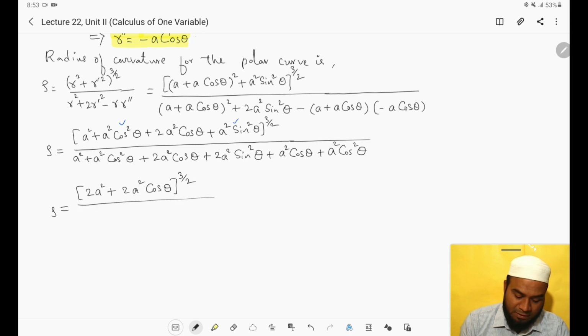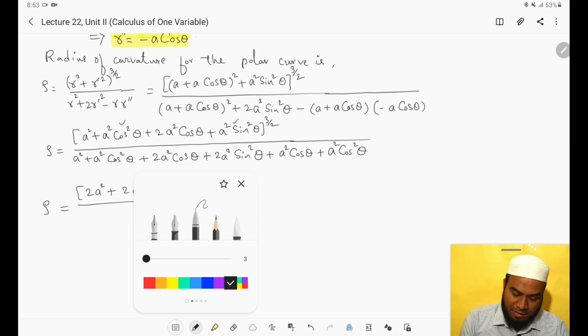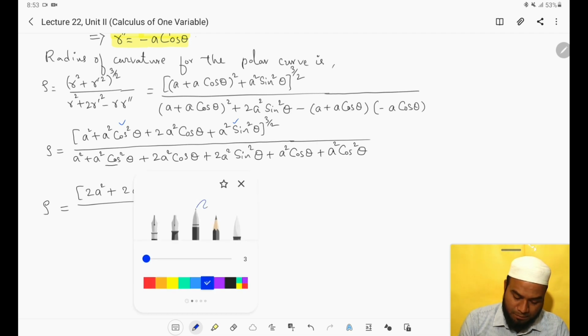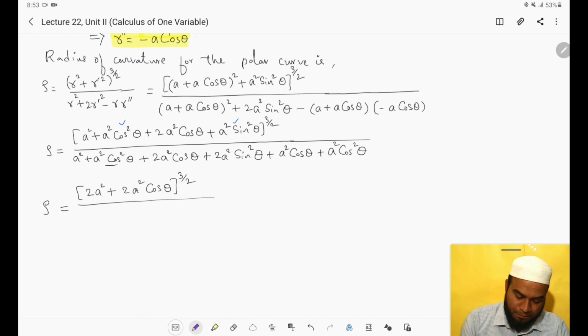This will be divided with, you see this term a square cos square theta, and here I'll mark those two terms with similar color. You see these two terms, a square cos square theta and here a square cos square theta.